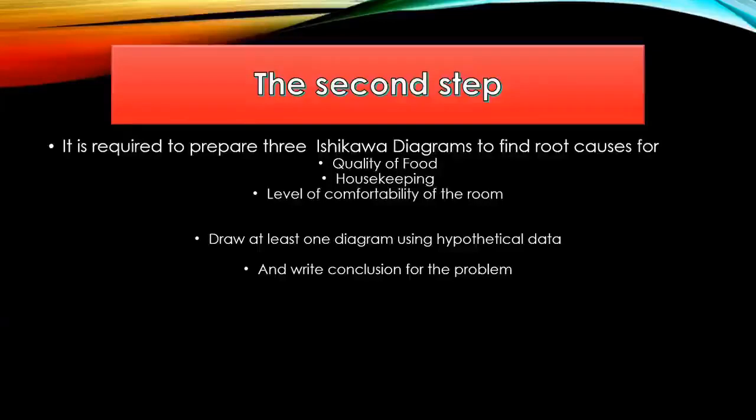Then, based on that information, we are going to draw the first step of the Ishikawa diagram. But it is not enough. If you want to recognize real root causes, you are required to conduct a why-why session with the relevant employees.